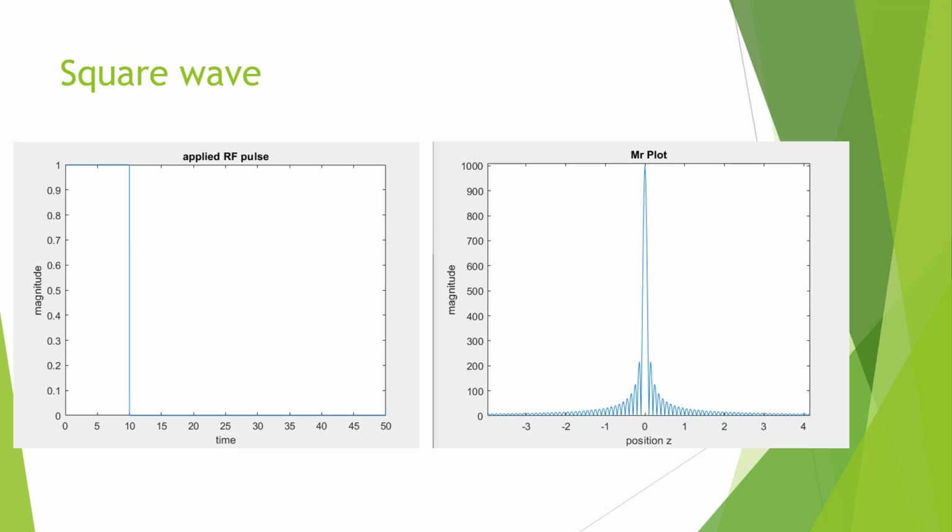These are the results of the square wave. As can be seen, there is a little square wave applied on the left, and its Fourier transform shows how the slice excitation works.